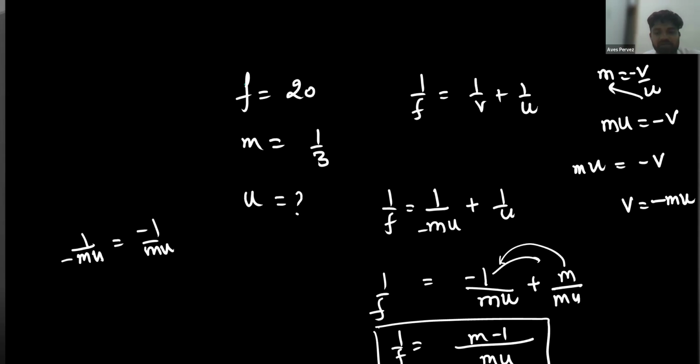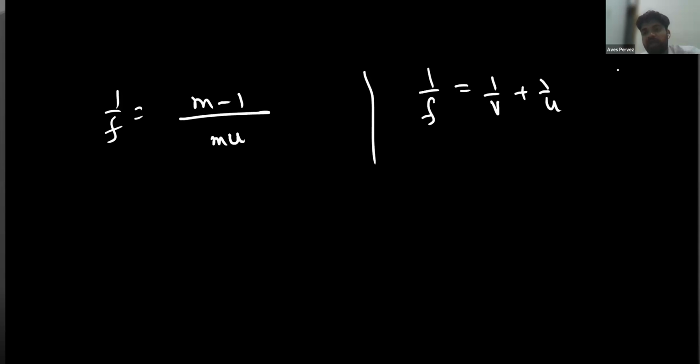Means the three things are here: f, m, and u. If two of them are given, then you can predict the third one. The formula is 1 by f is equal to m minus 1 upon mu. Got it? Yes, sir.